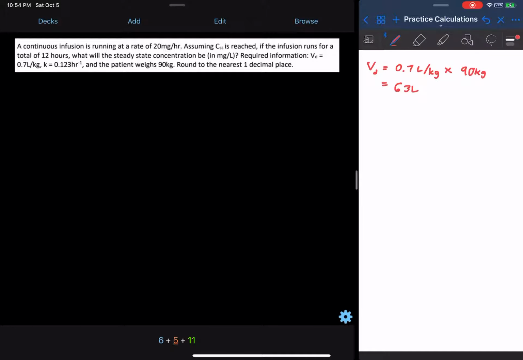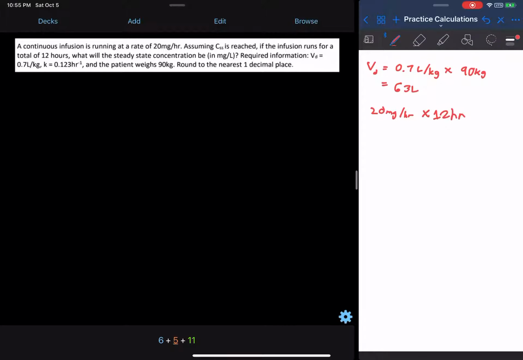And the infusion is running at 20 milligrams per hour. Total 20 hours. So steady state is milligrams per liter. So let's try and get a time here. So if the infusion is running for 20 milligrams per hour, let's try and multiply that by 12 hours.